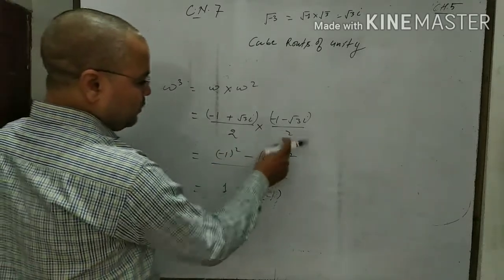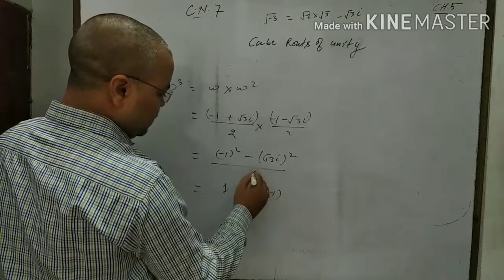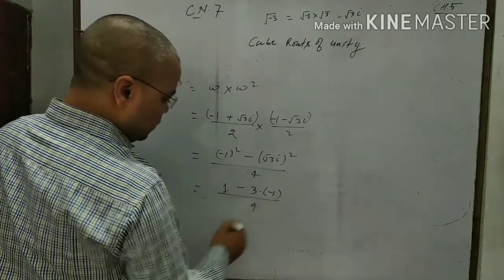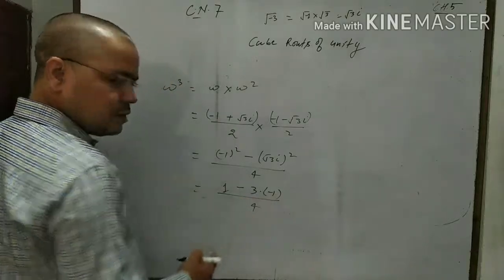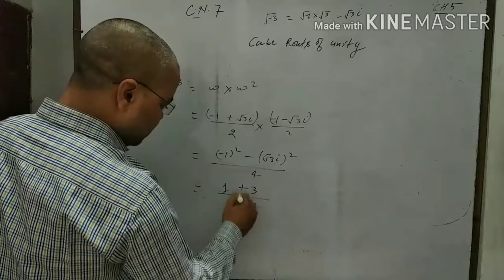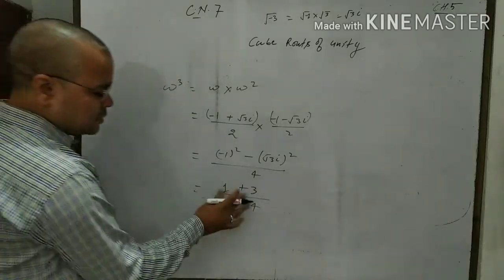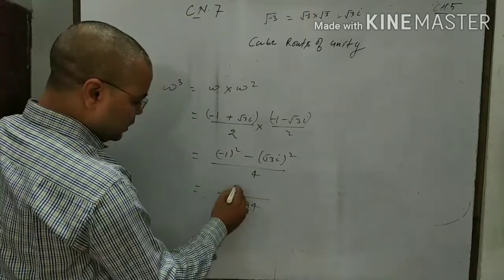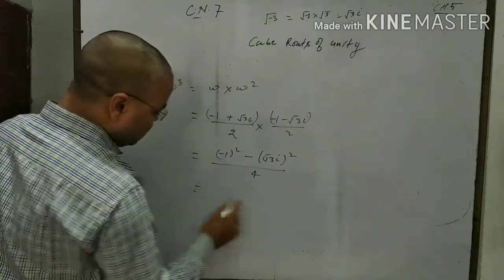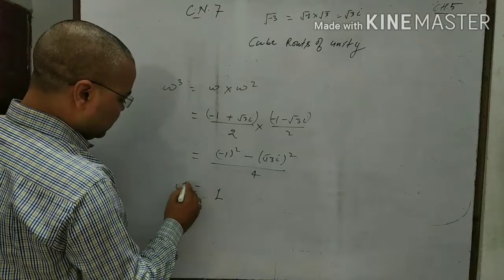And here 2 2s are 4. Now minus 1 and minus 1 is plus 1. Then we can write finally 1 plus 3, which is 4 by 4. 4 and 4 cancel, and finally its value will be 1.